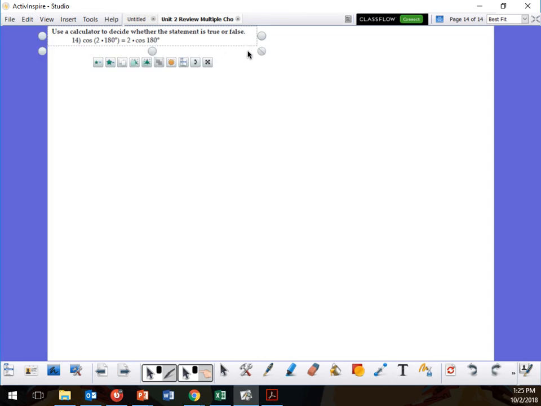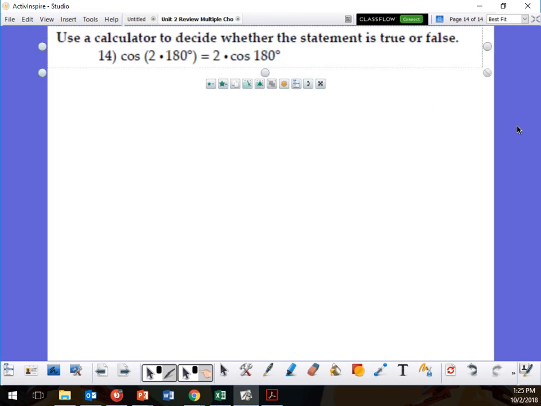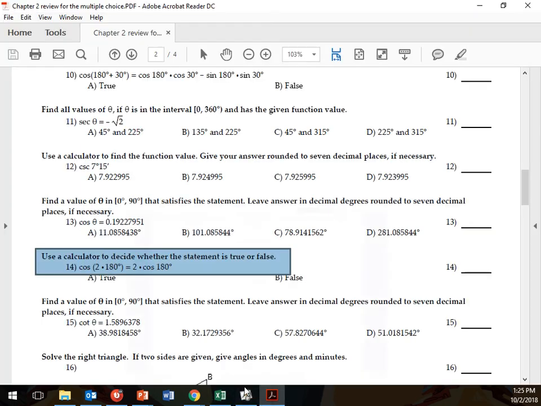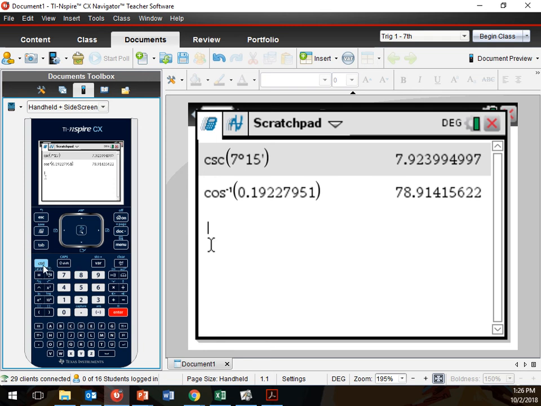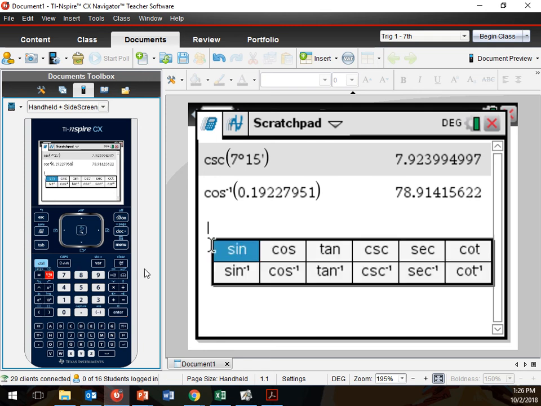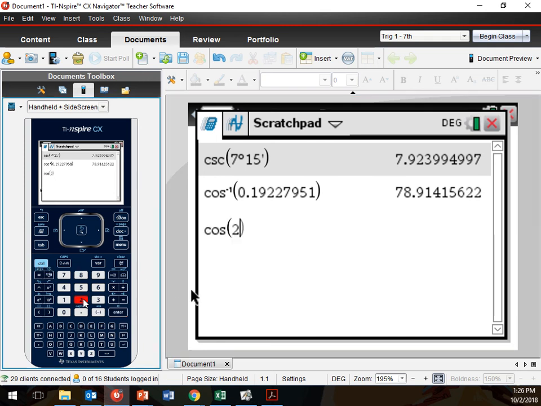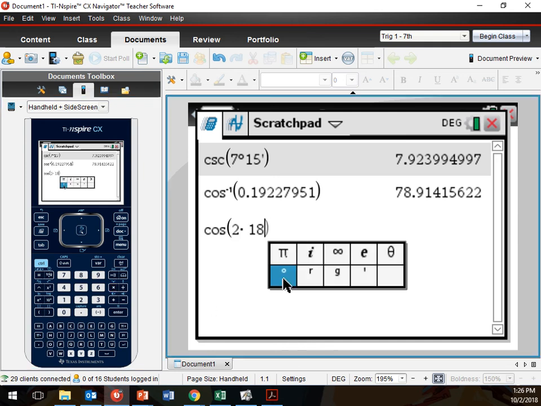All right, so now on this one here, let's take a look at this one right here. Calculator, decide whether a statement is true or false. So, yes, just put it in the calculator. Your calculator actually does it. So 2 times cosine 180 degrees.